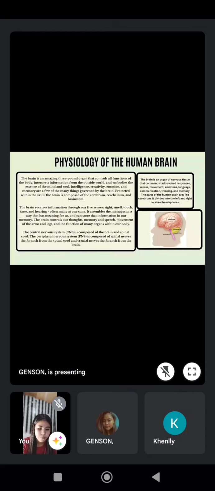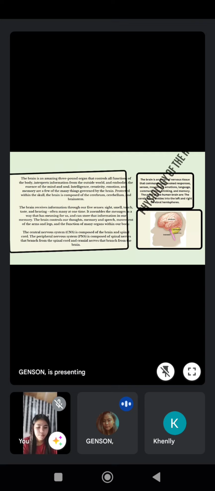It is an organ of nervous tissue that commands tasks, evokes responses, senses, movement, emotions, language, communication, thinking, and memory. The cerebrum divides into left and right cerebral hemispheres.